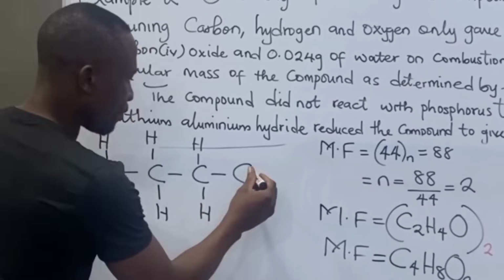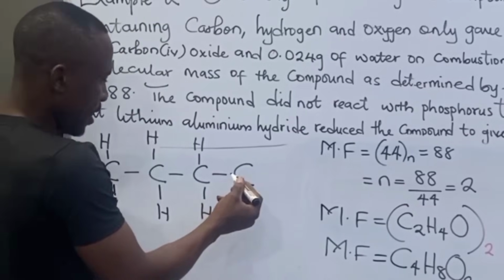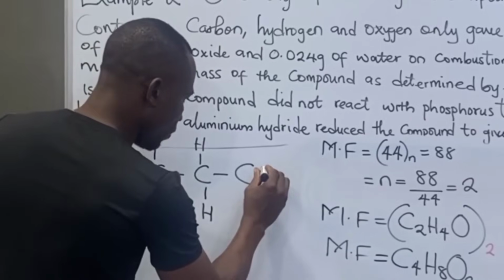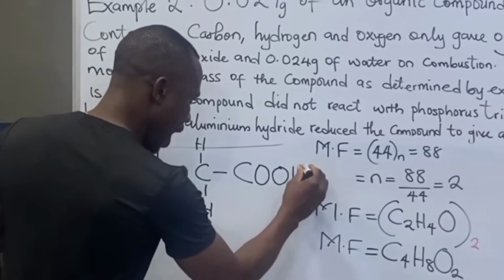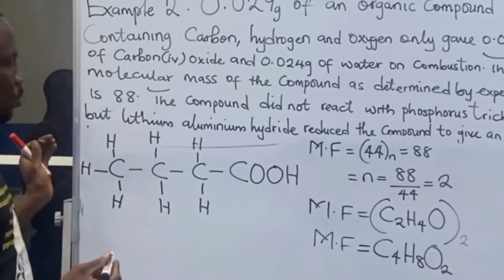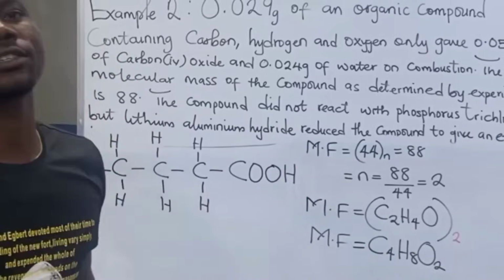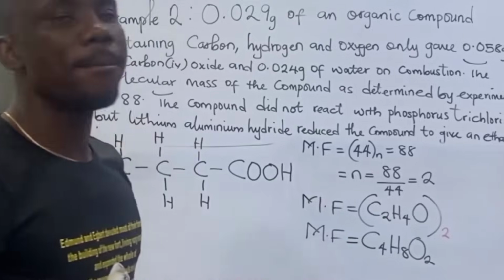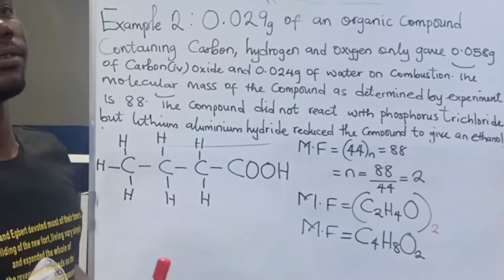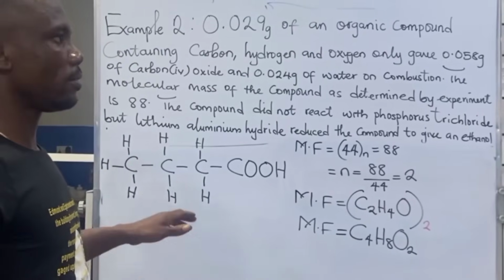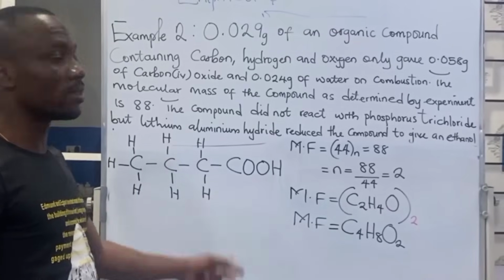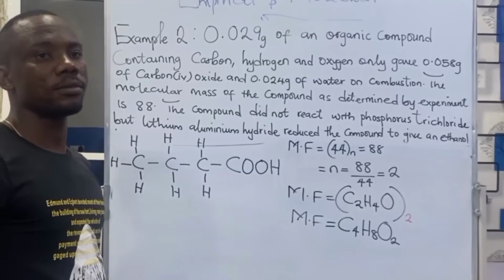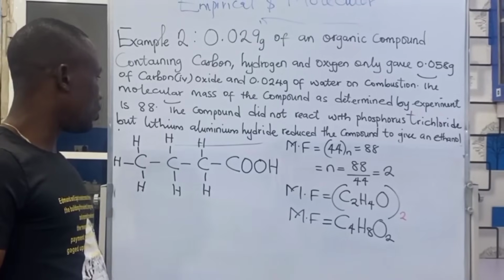And so we can keep going. 2 oxygen, so you can have 1 oxygen here, another oxygen here, with another hydrogen. So we have empirically and structurally formed a compound known as this. This is a carboxylic acid compound, and this is butanoic acid.